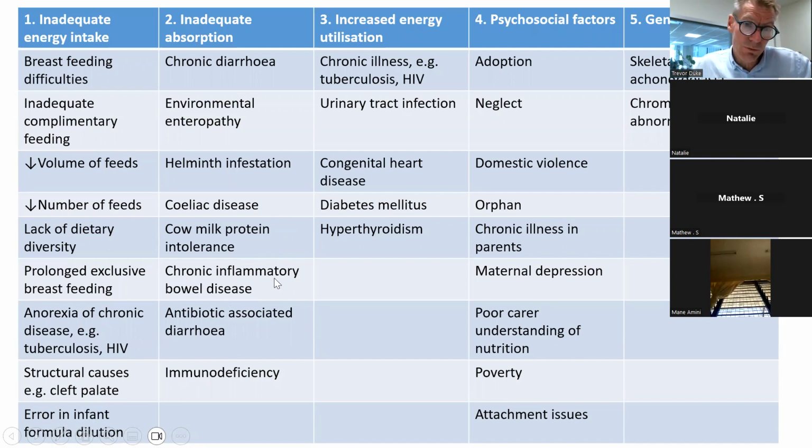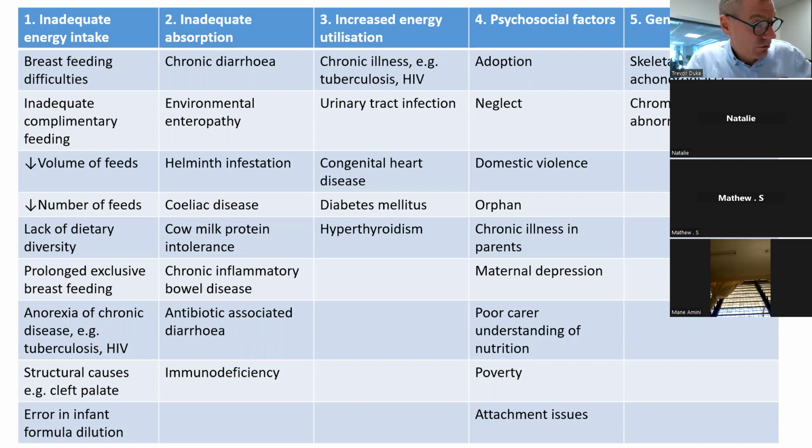And then some children will have a chronic inflammatory bowel disease, or they may, because of their recurrent infections, have antibiotic-associated diarrhea. And then there'll be some children who have immunodeficiency, either because of HIV or some sort of congenital immunodeficiency, and that will lead to reduced energy absorption by the gastrointestinal tract.